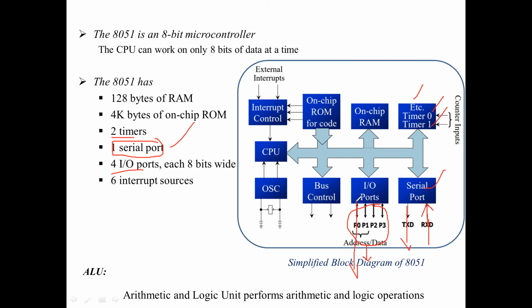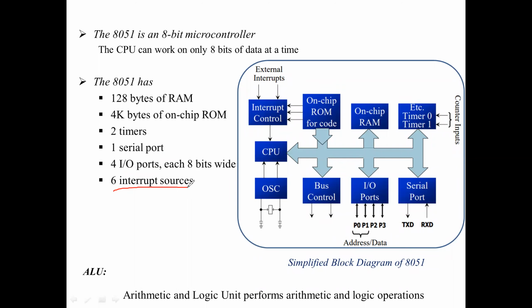Each port has eight lines, which we will discuss in the pin diagram. As of now, understand that it has 4 input output ports: port 0, port 1, port 2, port 3. It has 8 interrupt sources.